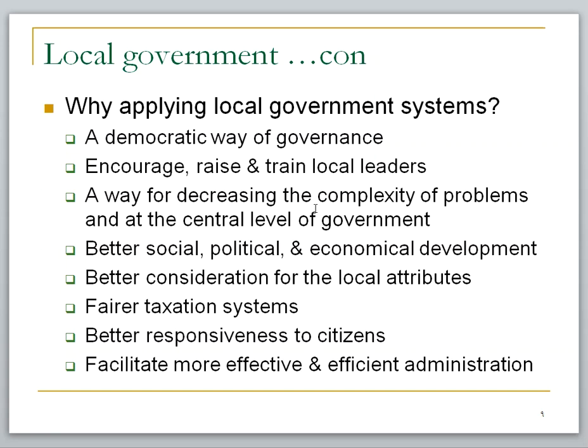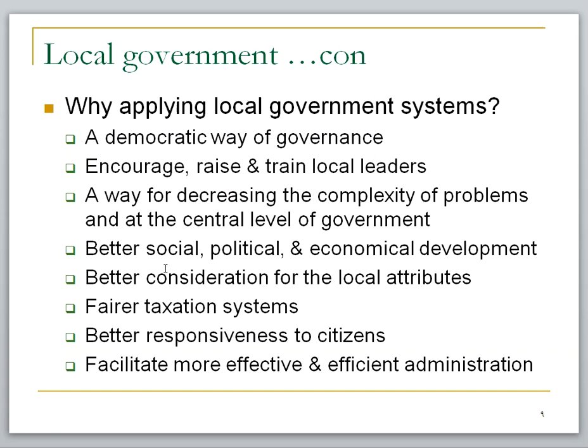It is a way for decreasing the complexity of problems instead of having problems amplified by their parts in different governments. Why not decomposing, يعني تفتت the problem to different governorates, different cities, not to be moved up to the central level of the government.